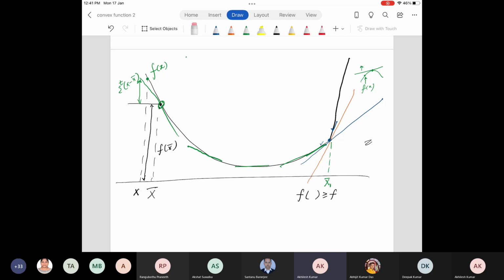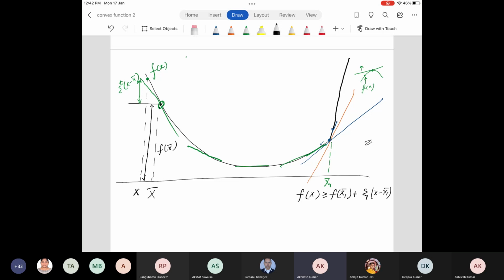Okay. So f of x is greater than or equal to f of x1 bar plus, here we will have two subgradients. One is defined by epsilon 1 and x minus x1 bar.